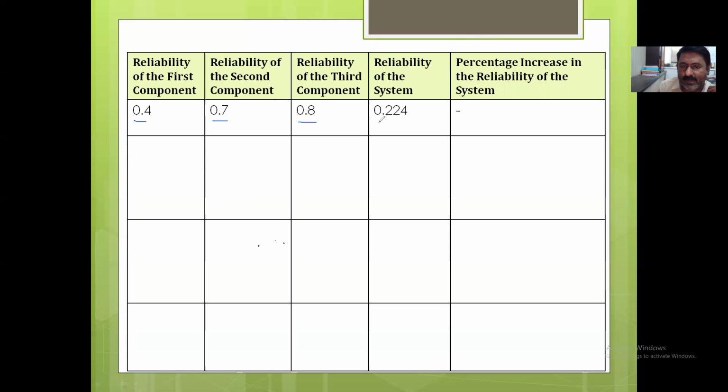And we just calculated the reliability of the system as 0.224. Percentage increase in the reliability of the system: we are not applying any case, therefore here it is a dash. Now we will apply case number 1, case number 2, and case number 3.